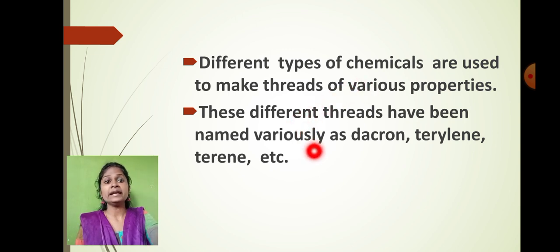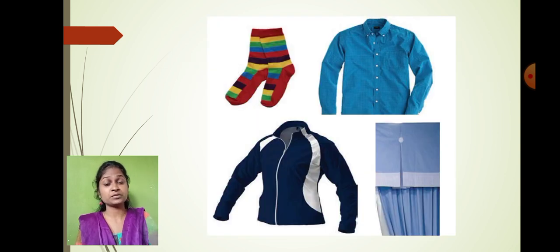That's how the names Dacron, Terylene and Terene vary, depending upon the type of chemical used in the thread solution. These are the different types of thread we obtain for different applications, for raincoats, jackets, sweatshirts, curtains, etc. So there are many applications of synthetic fiber.